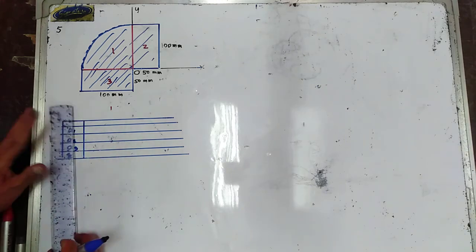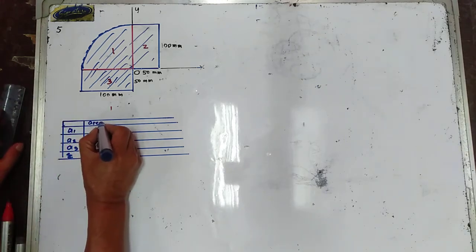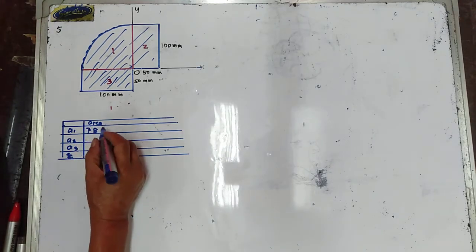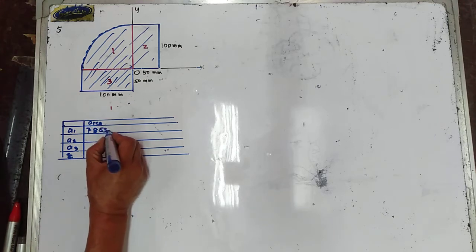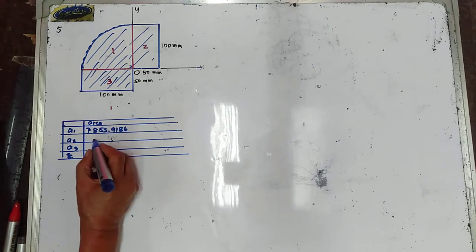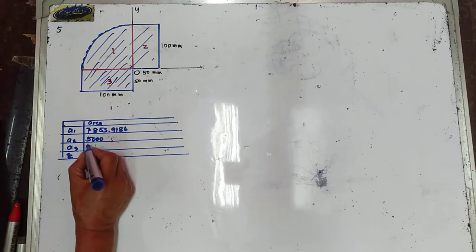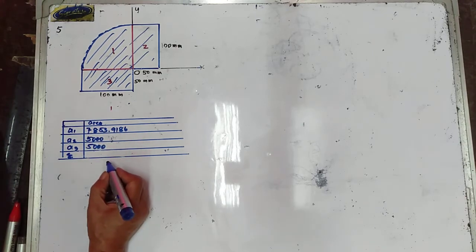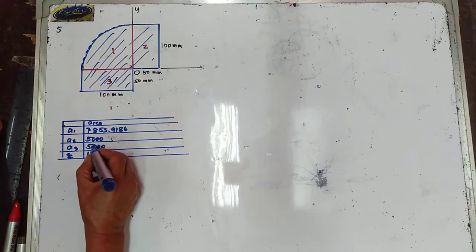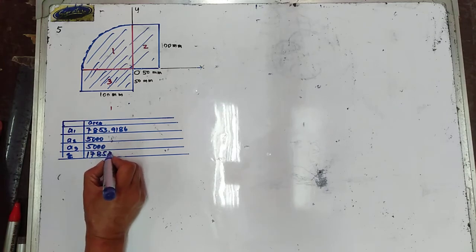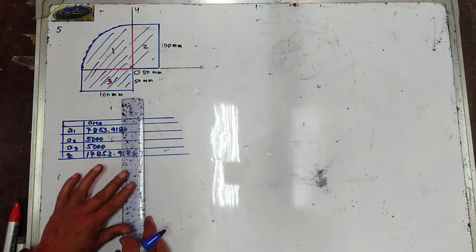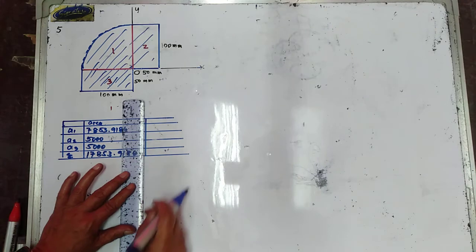So we have now the area. For area 1, we have 7,853.9186. For area 2, we have 5,000 square millimeter, and area 3 is 5,000. So the total area is 17,853.9186.